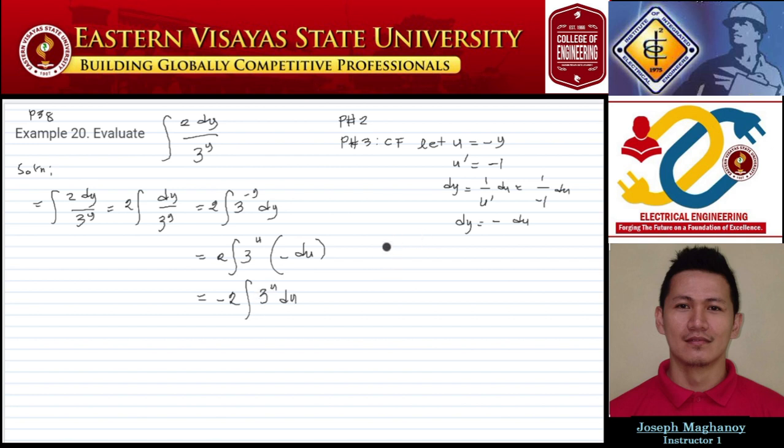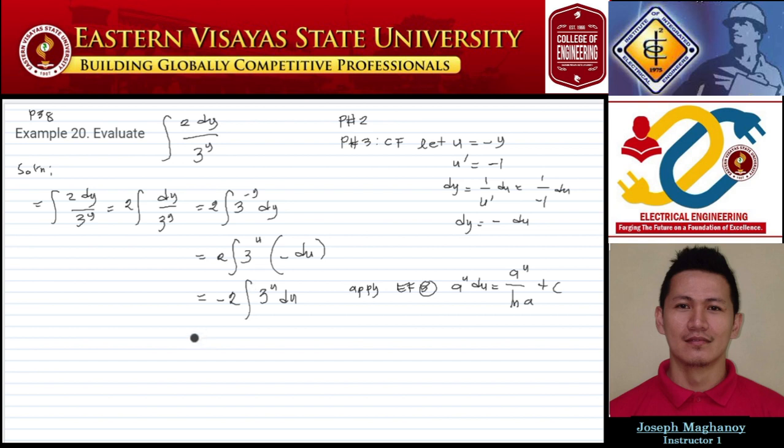Now, we can apply our exponential formula number 5. So what is the formula for EF 5? Integral of a raised to u du is equal to a raised to u over ln a plus c.